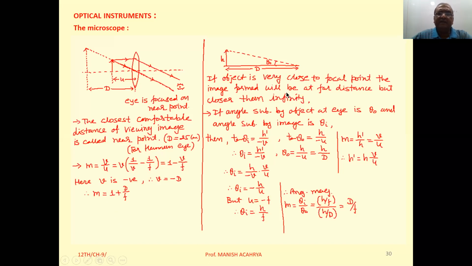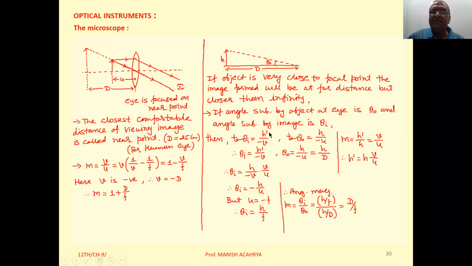A schematic diagram has been shown. The object has any height h. Suppose it is subtending angle theta 0 at I. So the angle subtended by the object at I is theta 0, and suppose the angle subtended by its image at I is theta I. So in that particular case we can write tan theta I equal to opposite upon adjacent.